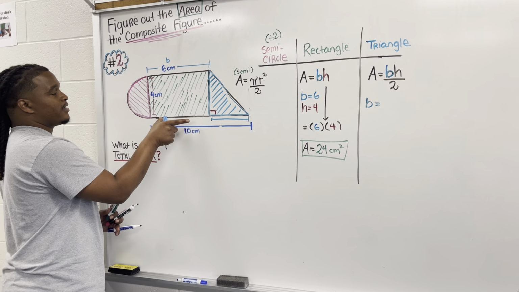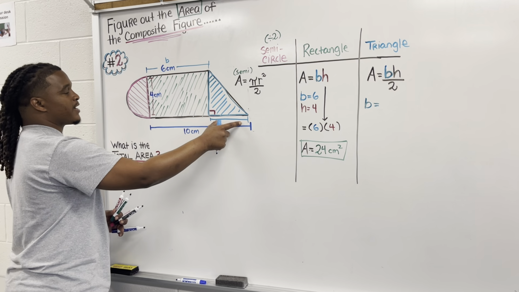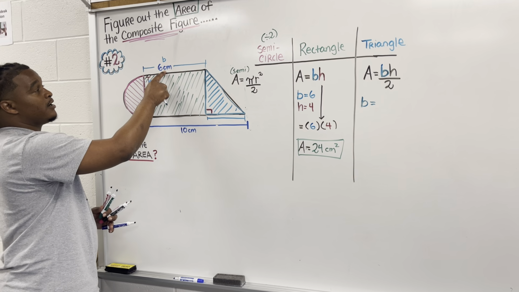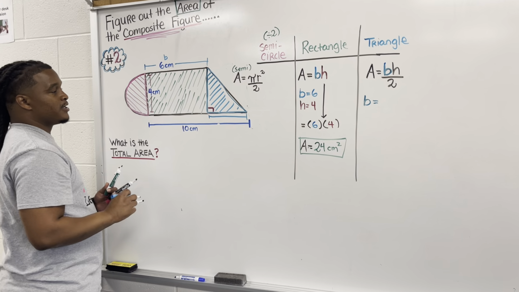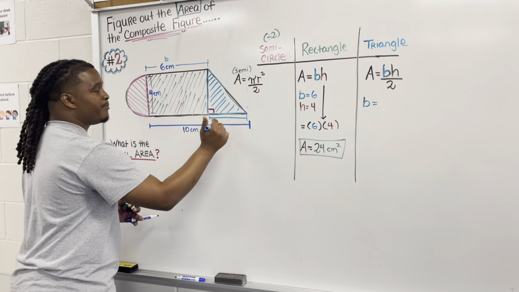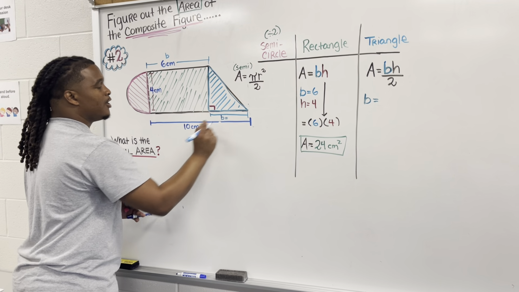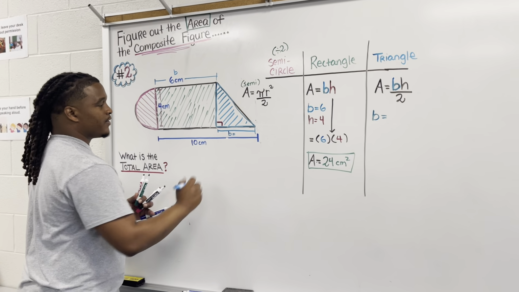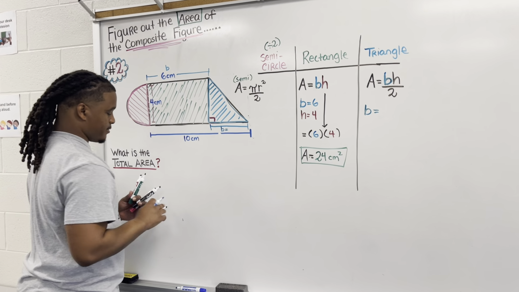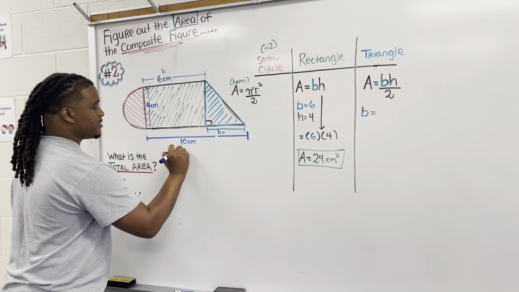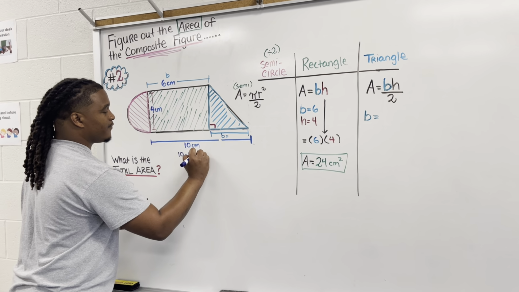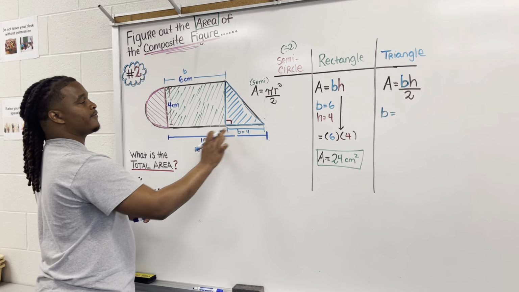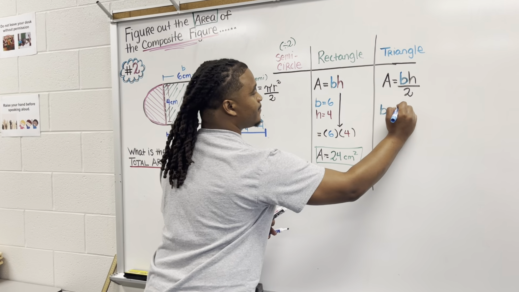We already figured out that the base of the rectangle is 6. So to find the base of the triangle, we have to subtract 6 from 10. Once again, 10 minus 6 equals 4. So the base of the triangle is 4.